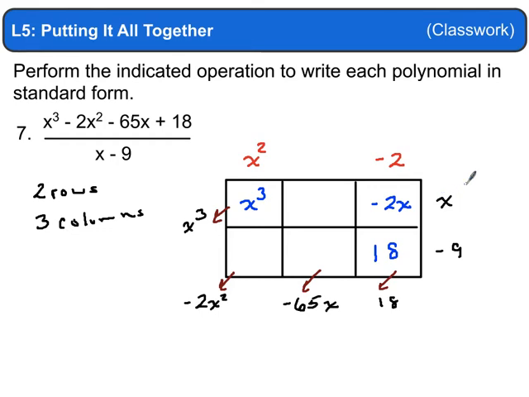If I wanted to fill in some other ones, I can. This one and this one would be negative 9x squared. And the reason why I say that is maybe you see this negative 65 and you don't like that. You don't always have to work from this direction. You could choose this corner and say, oh, I like this negative 2x squared better.